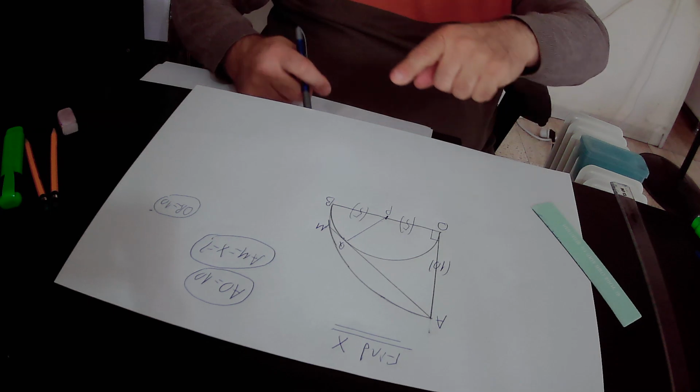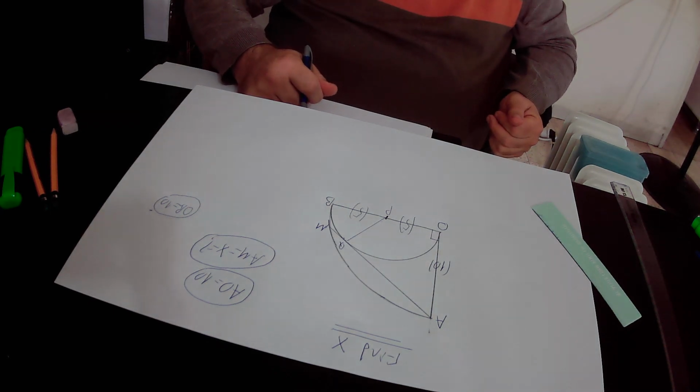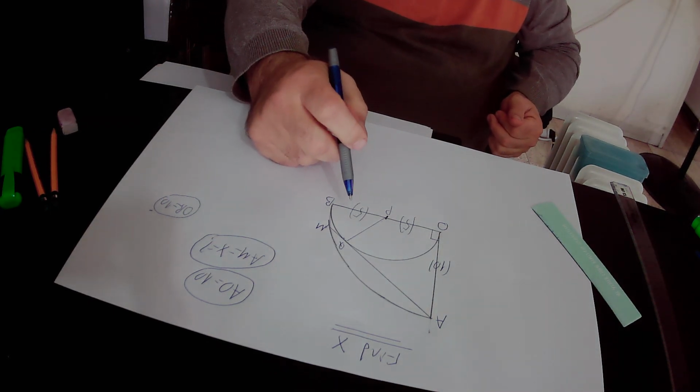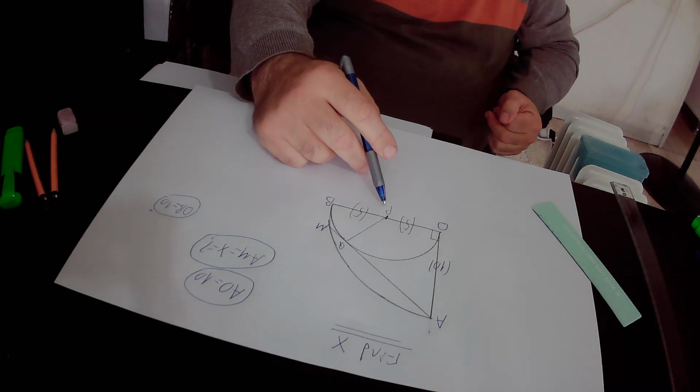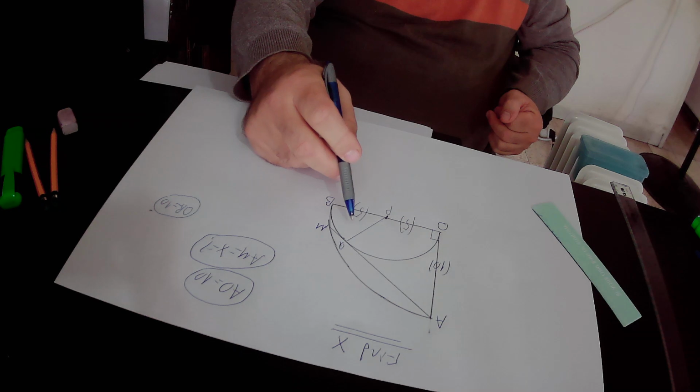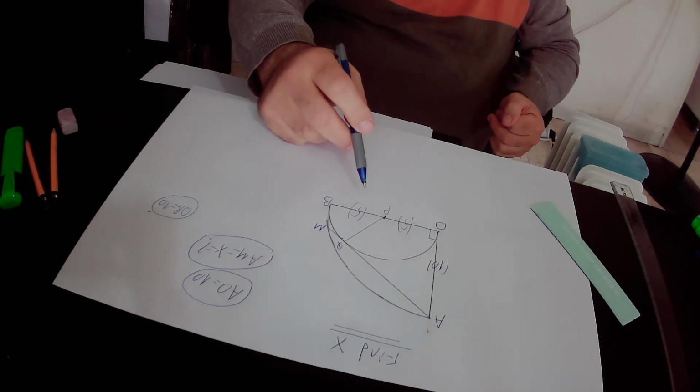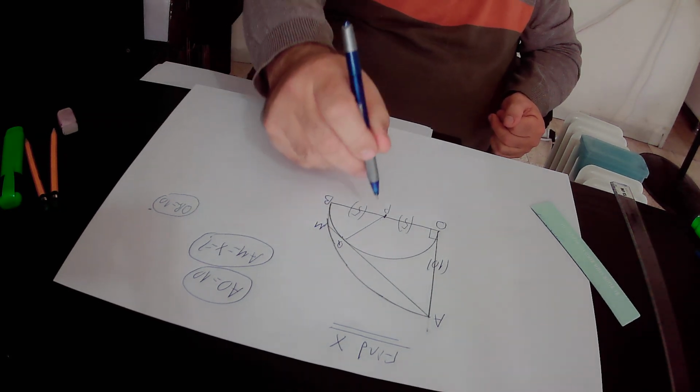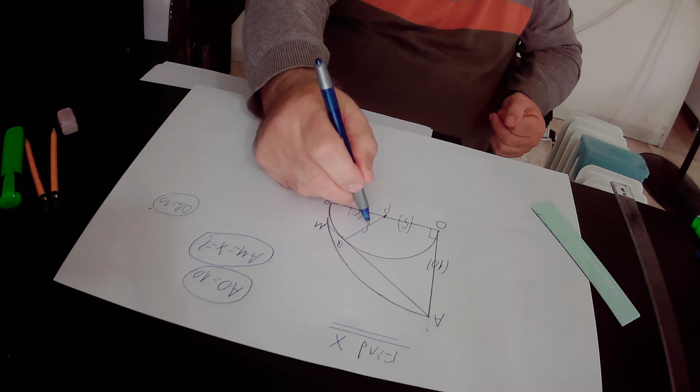Point P is the center of the semicircle. Point Q is a point on the semicircle itself. Therefore, PQ is the radius of this semicircle. Therefore, it is equal to 5 units.